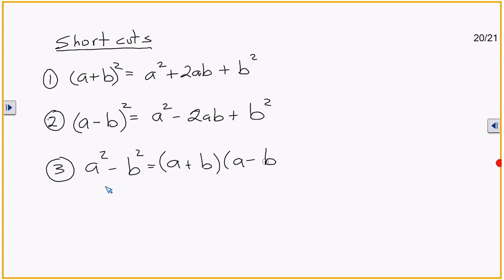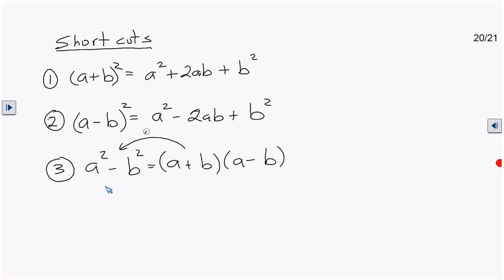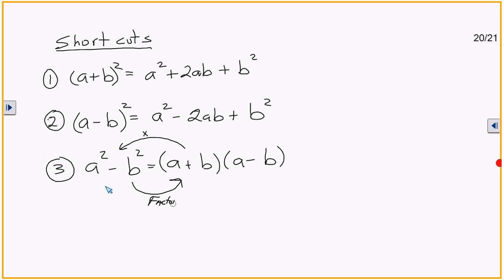Now, I'd like to go ahead and show you how these work. If you go from this direction, you're multiplying. If you go this direction, you're factoring, which is dividing. Here, if you go this direction, you're multiplying.